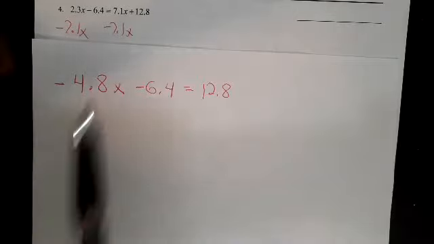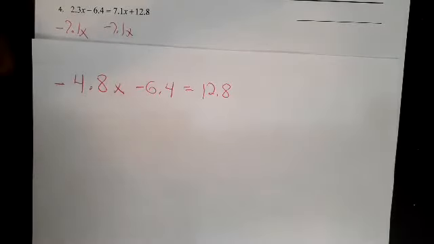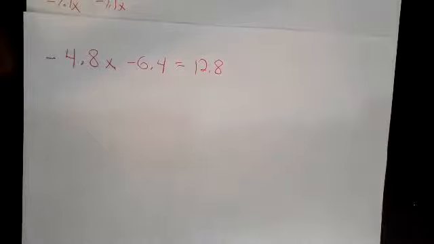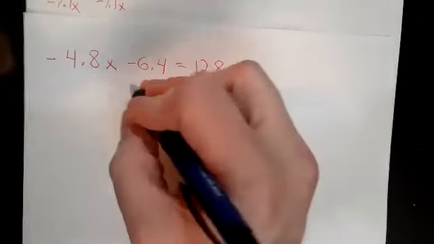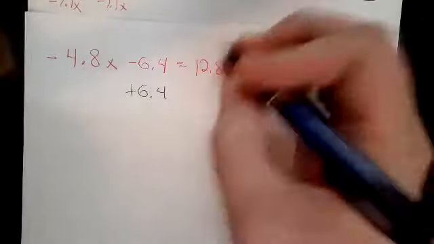And so I've moved all my x's to the left side. And if my variables are on the left side, I should put things without my variable to the other side. So from this point, if you did that step, there's really one thing you should be doing at this point, I think. And the next step should be to add 6.4.